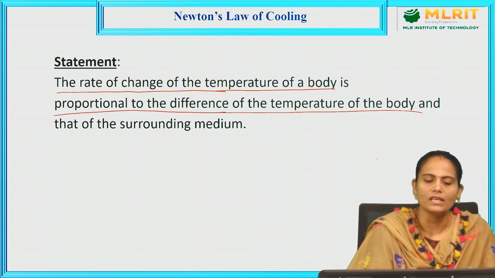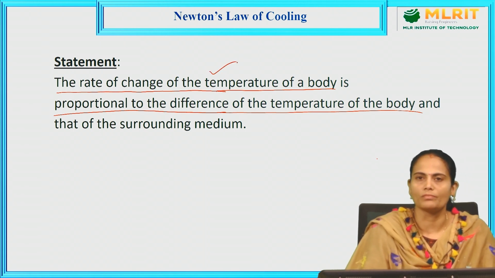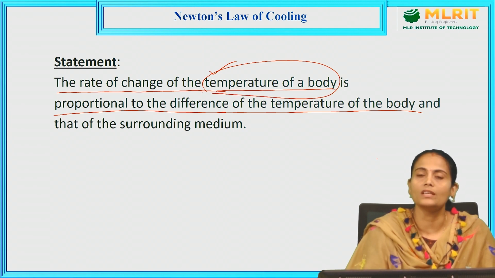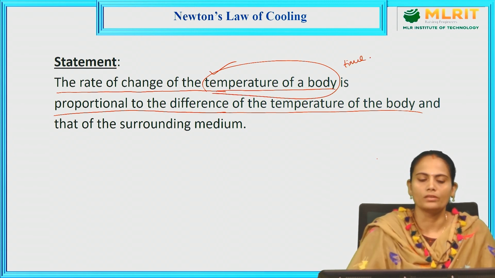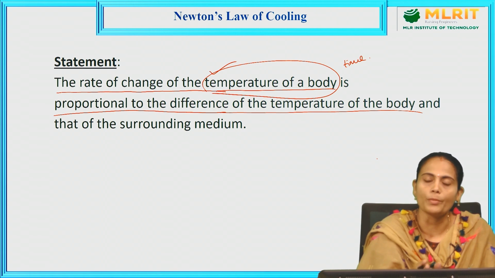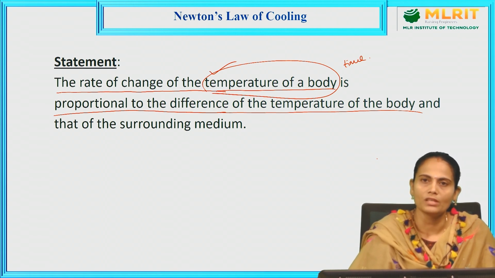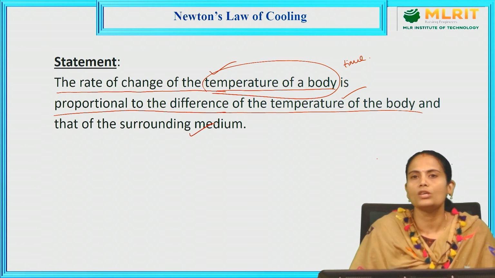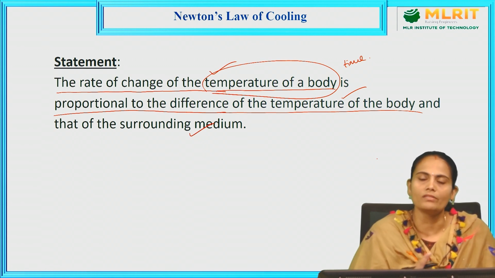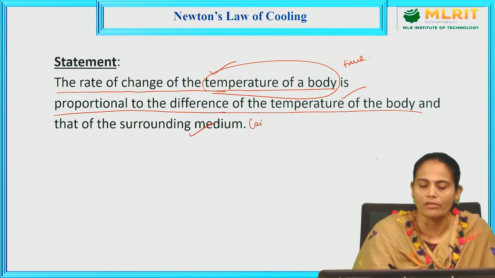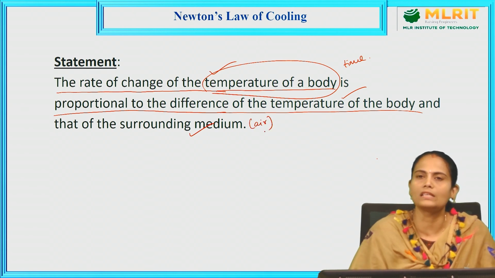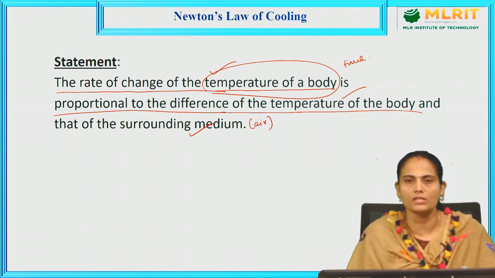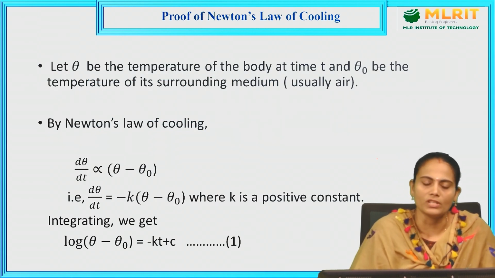The temperature of a body usually depends on time, and this is proportional to the difference between the temperature of the body and the surrounding medium. Here we are generally taking the surrounding medium as air, so we are taking the air temperature also. Now we are going to prove this.